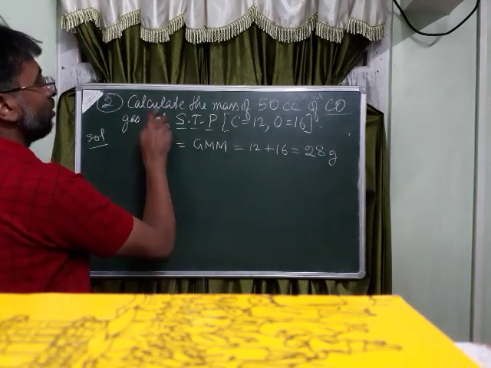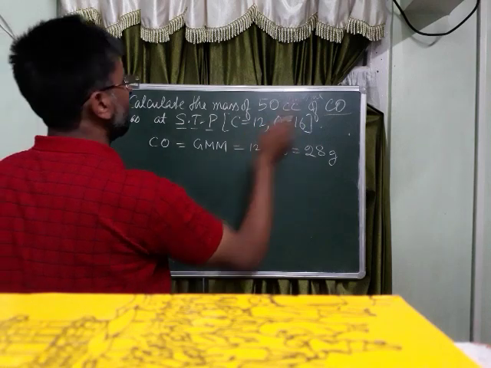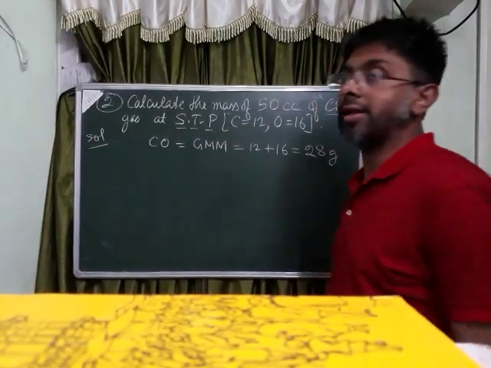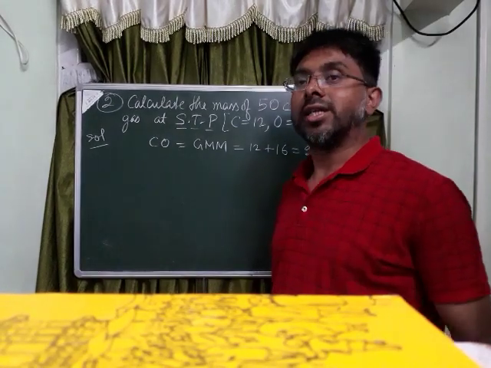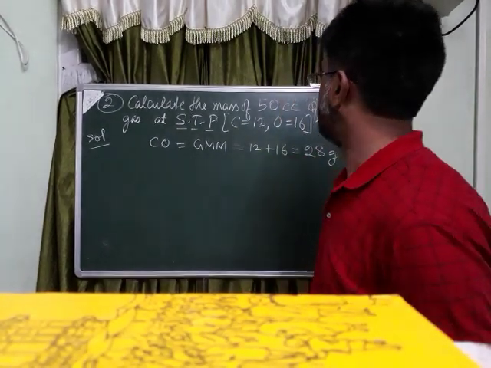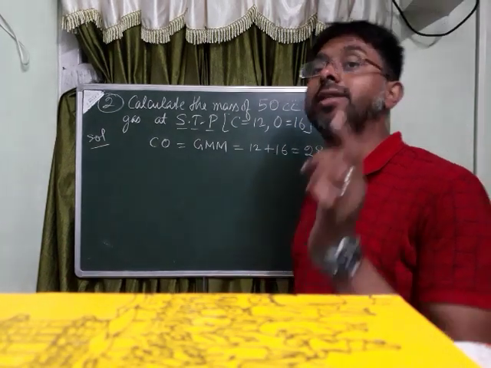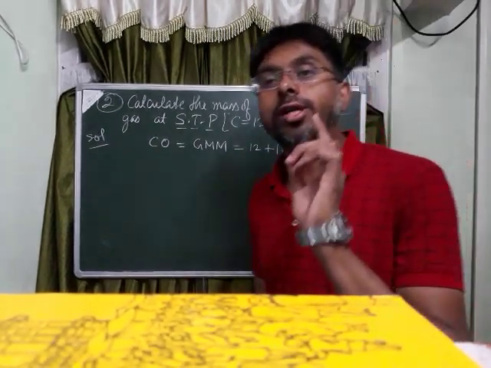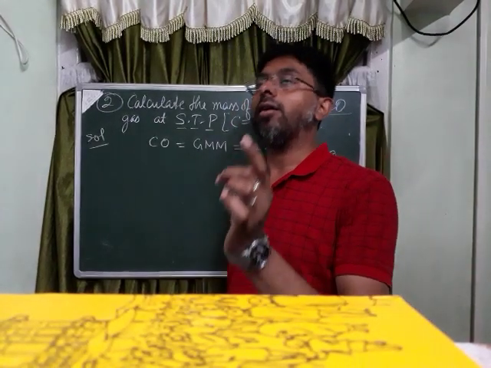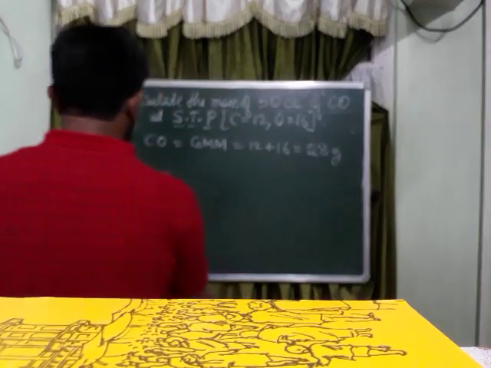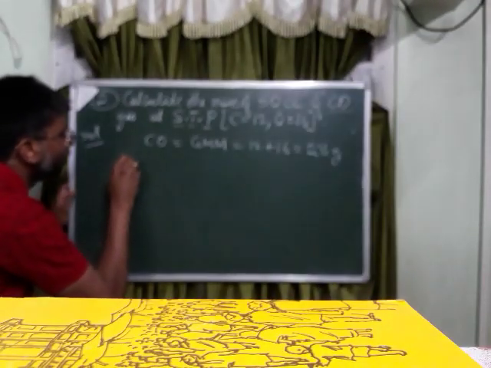Now they are saying calculate the mass of 50 centimeter cube of carbon monoxide. Now I have taught you in the beginning when I was discussing standard molar volume, the standard molar volume of any gas at STP is 22,400 ml or 22,400 centimeter cube. So that must be remembered over here.